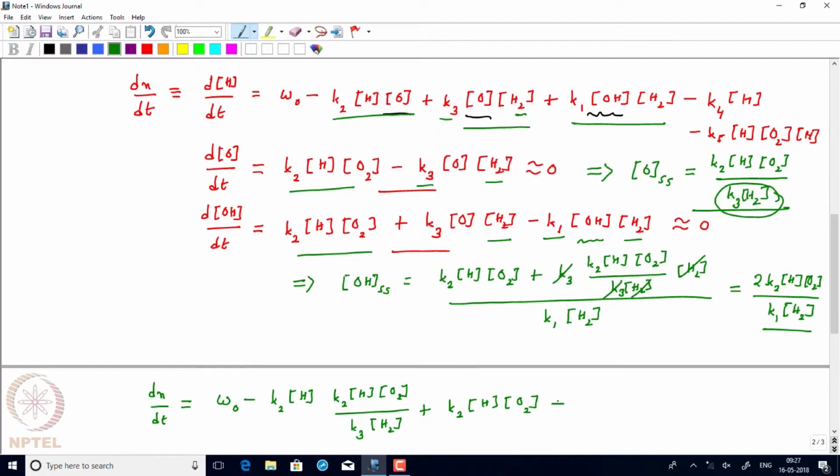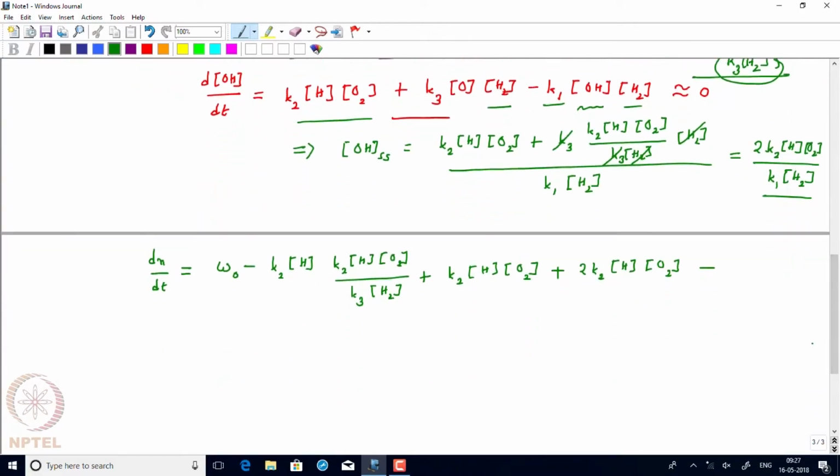So ultimately we will have plus twice K2HO2, and in this way you can write all these terms, and you will see that most of the terms you can add and subtract, and there will be some cancellation of the terms.